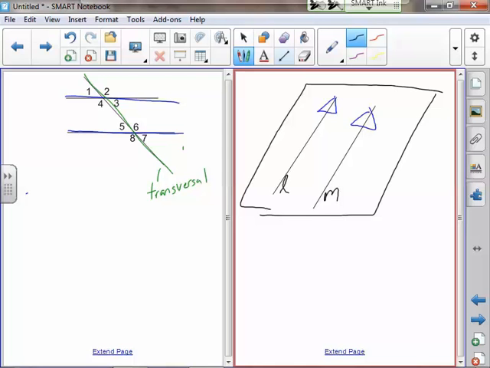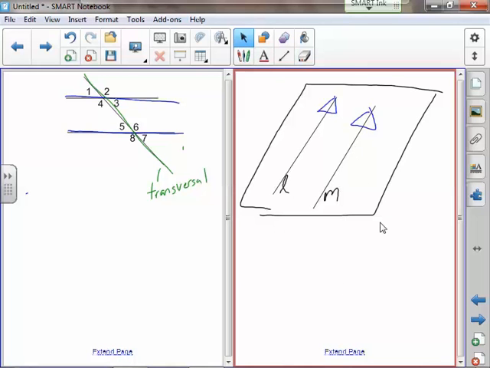But let's say I had a line that was three-dimensional and it was coming out of the wall, shooting at me, like that. It's hard to show on a two-dimensional surface.